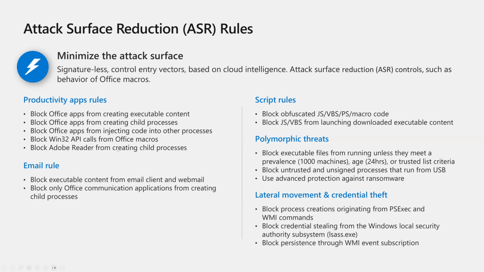It says block Adobe Reader from creating child processes. Usually what happens is Adobe Reader is an application, and Office and all these are applications. When you click something in Adobe Reader, if it wants to modify something or reopen something, it creates a child process.